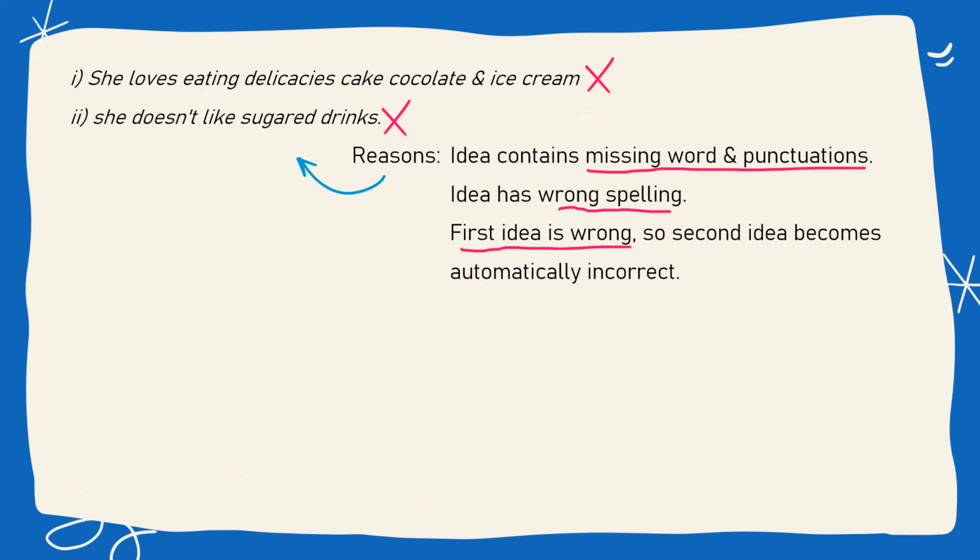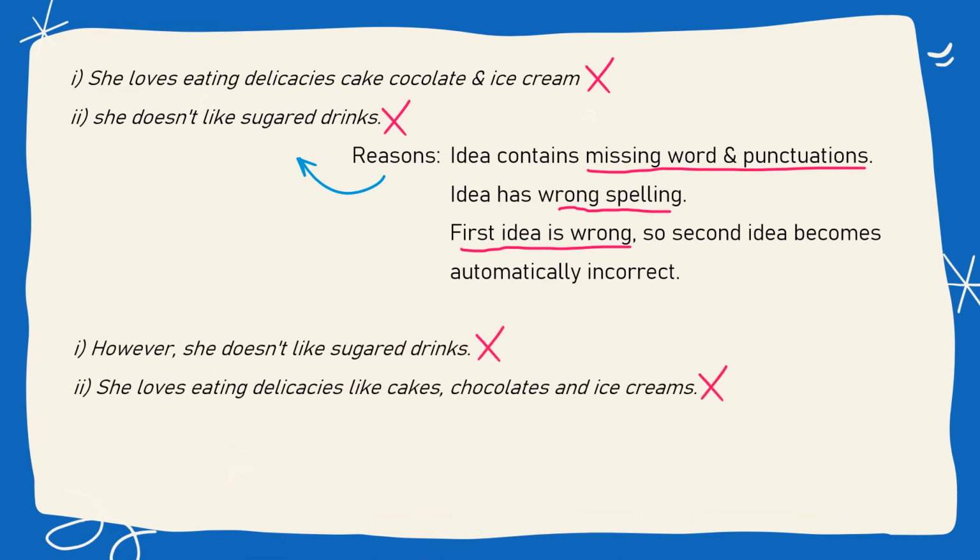Now here's another example of an answer that is regarded as wrong as well. Why is it wrong? However, she doesn't like sugar drinks. Second idea, she loves eating delicacies like cakes, chocolates, and ice creams. There's no missing word or punctuation. The spellings are all correct.